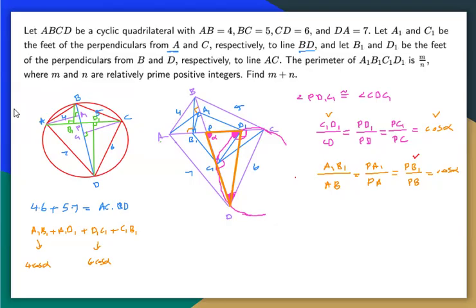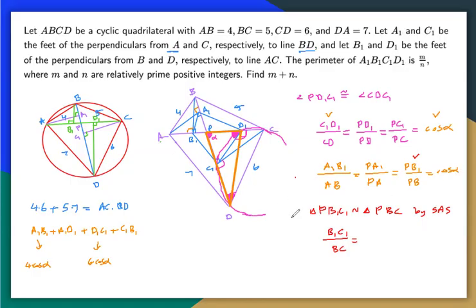Let me write that a bit more clearly. Triangle PB1C1 is similar to triangle PBC by side-angle-side. So the ratio of the third side, B1C1 over BC, has to be the same. We know that ratio, PB1 over PB, was cosine, so B1C1 over BC equals cosine.